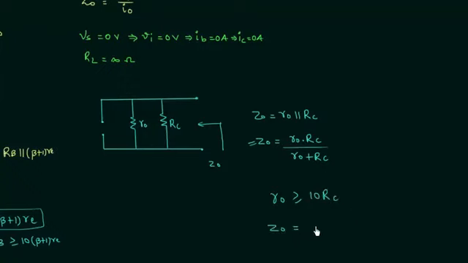So the output impedance is equal to Ro multiplied with Rc divided by Ro, because we have neglected Rc from the denominator. Ro will cancel out, and Zo is equal to Rc, and this is true when Ro is greater than or equal to 10 times Rc.